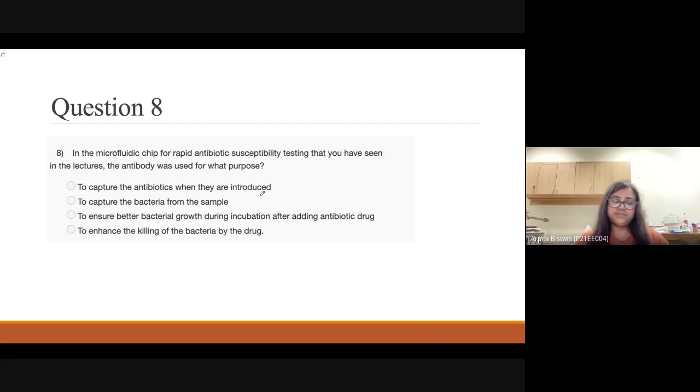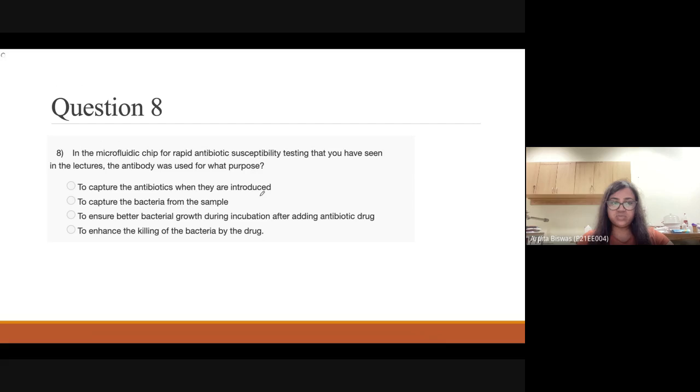So, what is the right option? In the microfluidic chip for rapid antibiotic susceptibility testing that you have seen in the lecture, the antibody was used for the purpose.